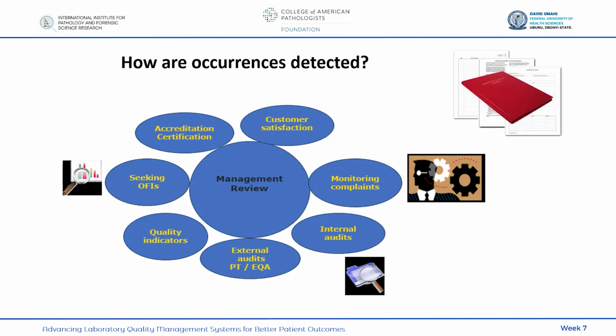Then accreditation and certification, that is for the laboratories, especially tertiary laboratories, that usually go through accreditation certification. The feedback from this accreditation is a very important tool for detecting occurrences because the standard shows what is actually good in the laboratory, and that will be a good starting point if one wants to actually improve.